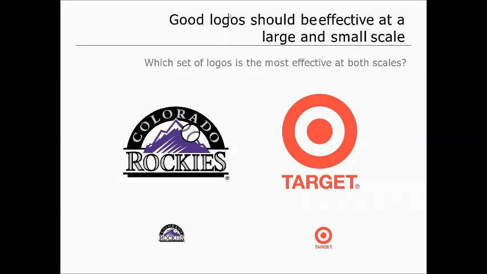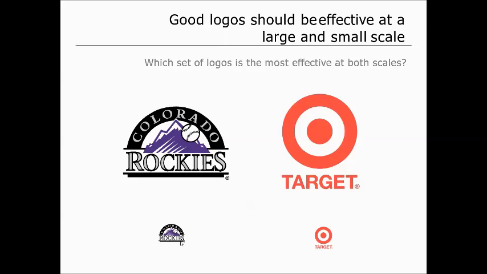Why? It's because, like what I've said before, when you say simple, the target represents an icon here. However, in Colorado Rockies, there is a contrast between a mountain and a baseball bat.